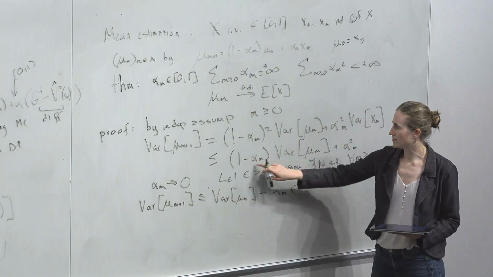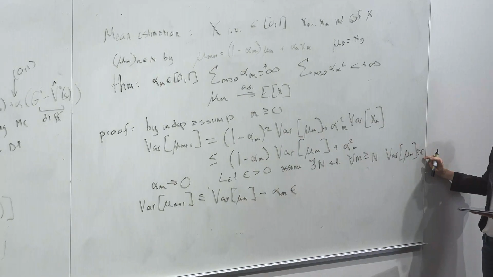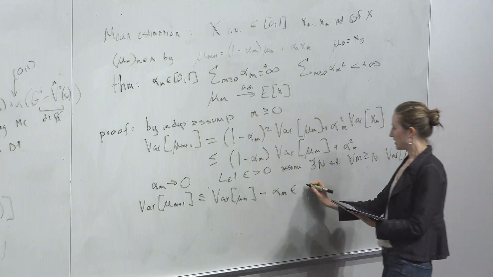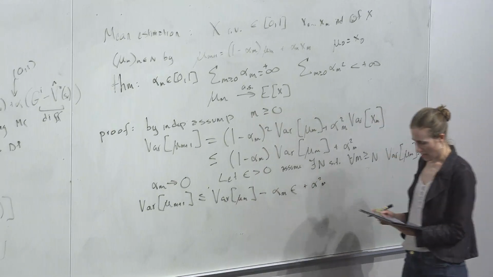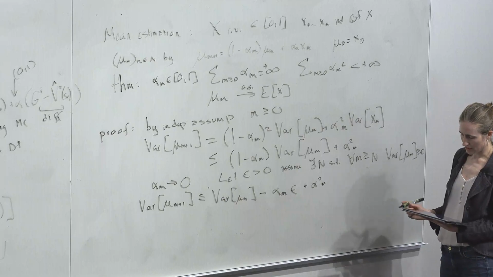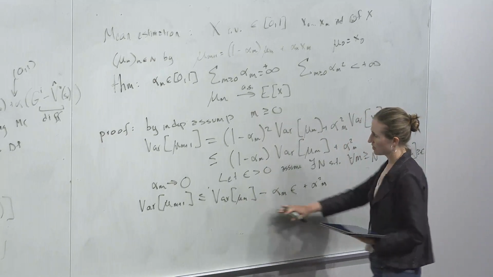So 1 times this, minus alpha times this, plugging this in as a lower bound, plus alpha m squared. And this we know. So then we're going to rewrite this.